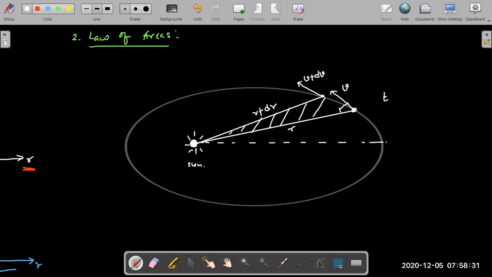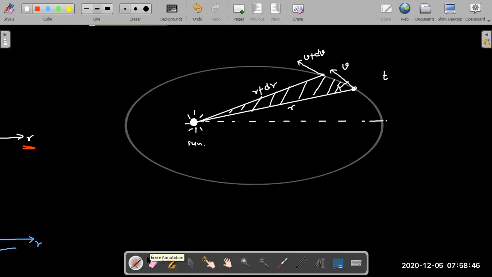Now, how can we calculate this area? We know from vectors that, let's call this r initial, and this slightly changed one is r final. Clear? So definitely there is some change in position.